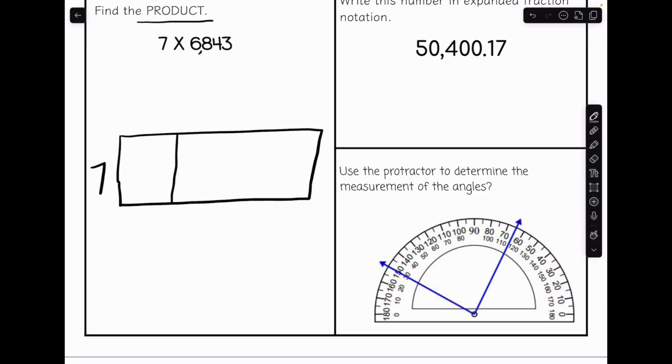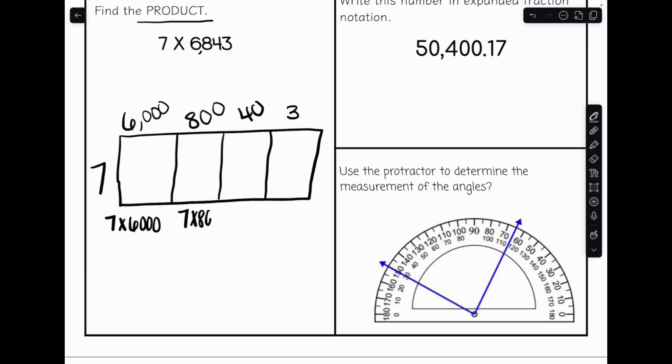So there's 4 place values, and that's 6,843. And you're going to do 7 times 6,000, 7 times 800, 7 times 40, 7 times 3.